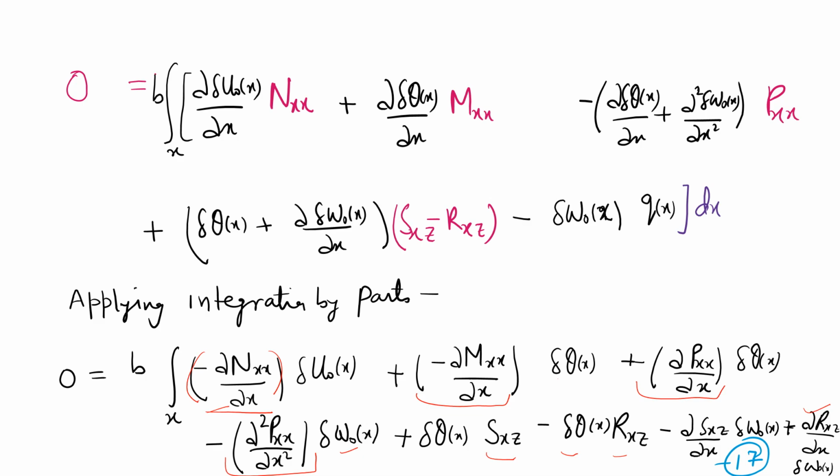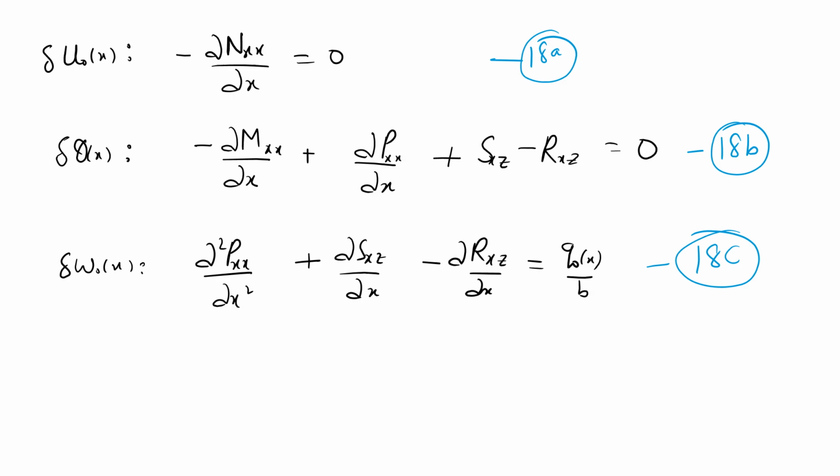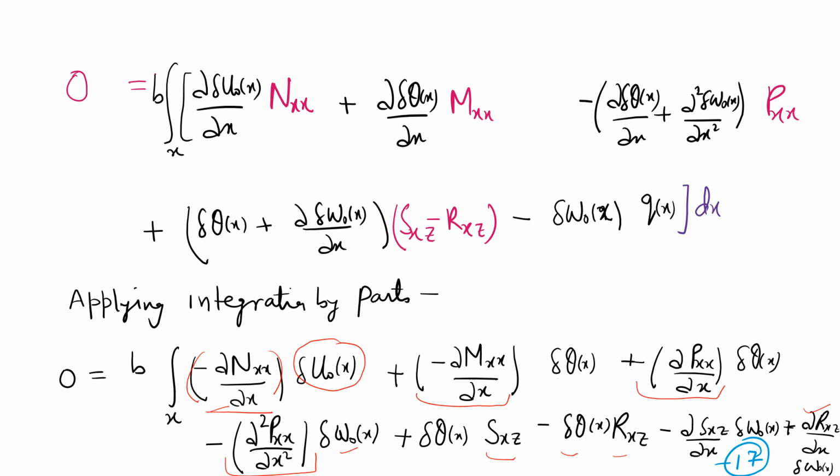After collecting the coefficients, first we will take del of u naught of x. So for the in-plane displacement u naught of x, only del Nxx by del x should be equal to 0, because no other part would be there.